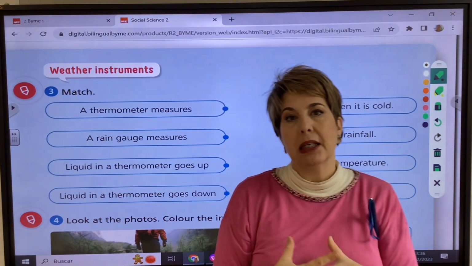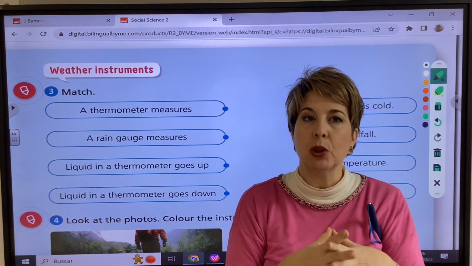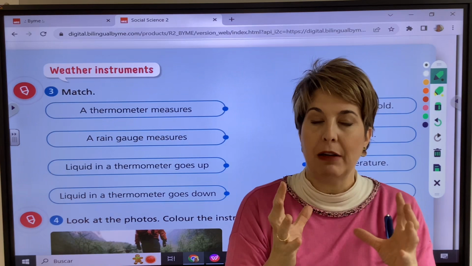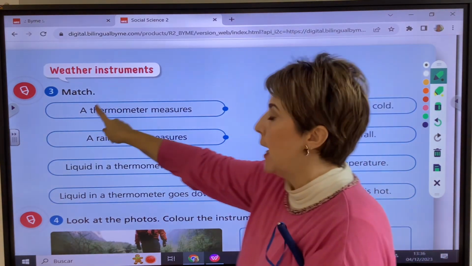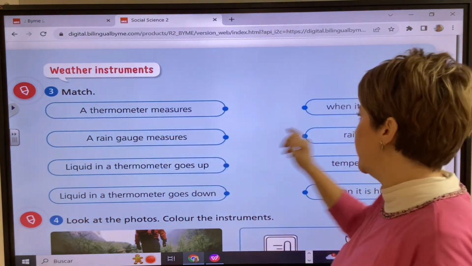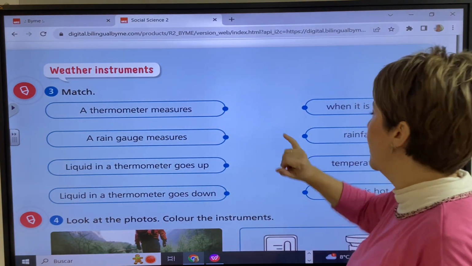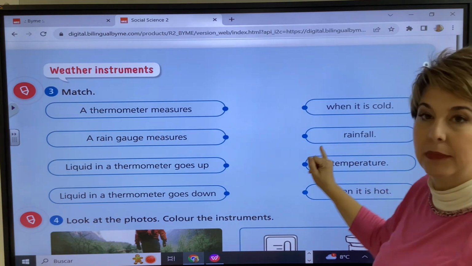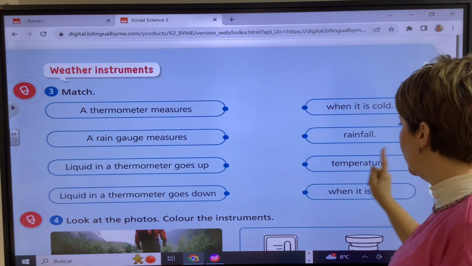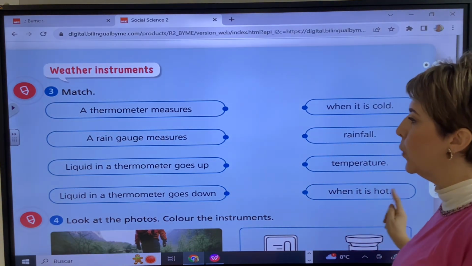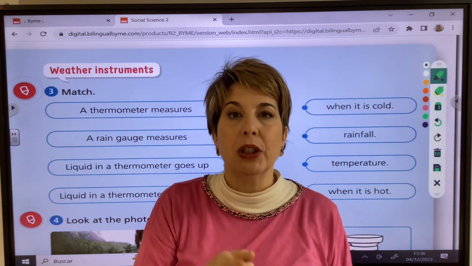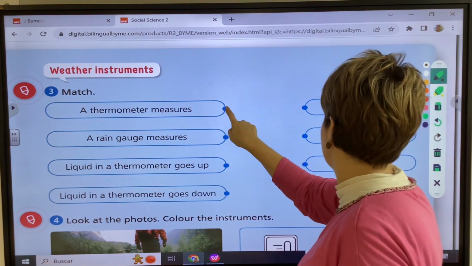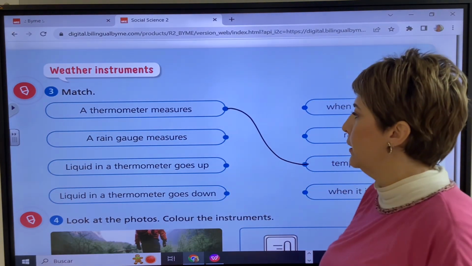This activity is very important because it gives you all the information that we have studied. It says, a thermometer measures. What do you think? Rainfall, temperature, when it's cold or when it's hot? A thermometer, I tell you, measures temperature.